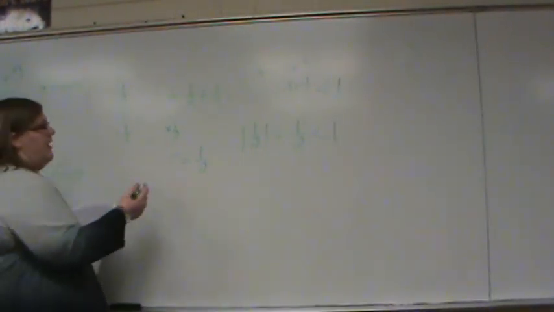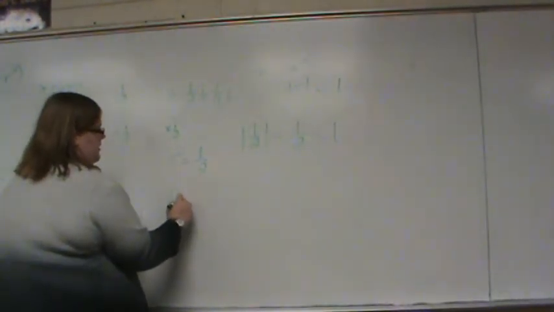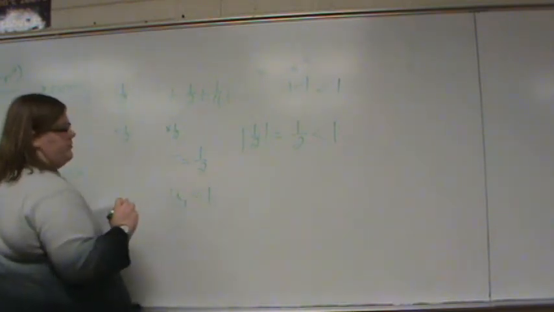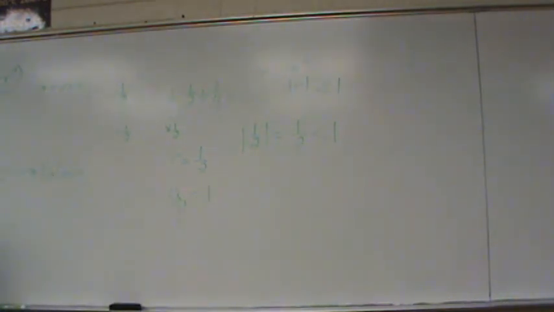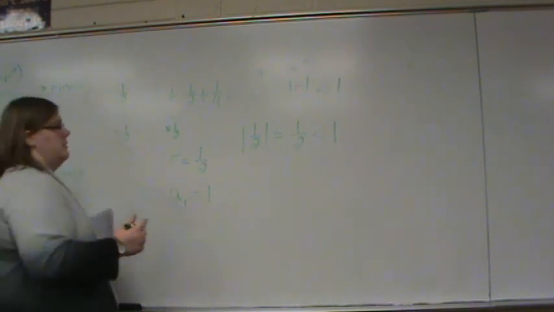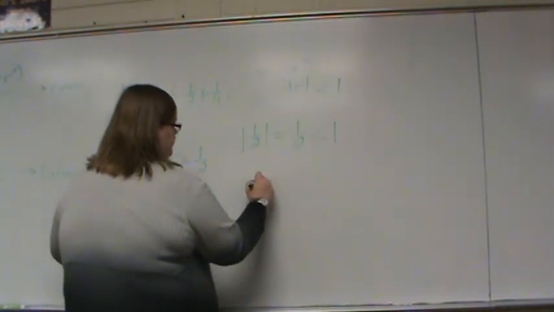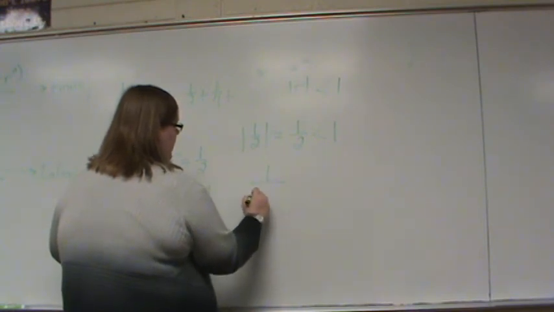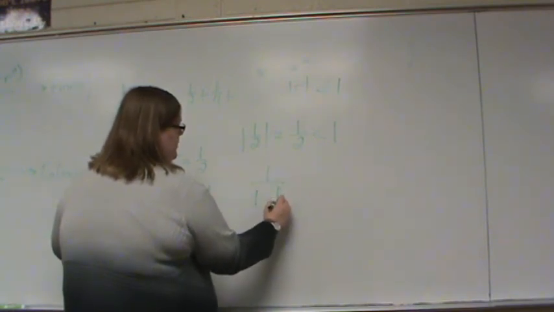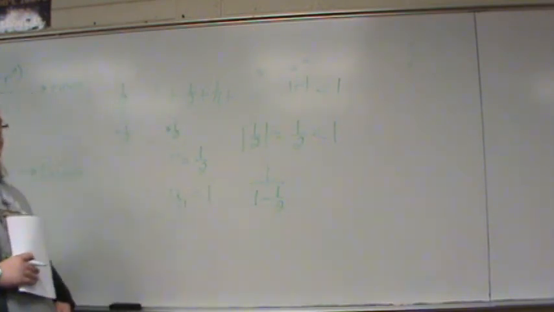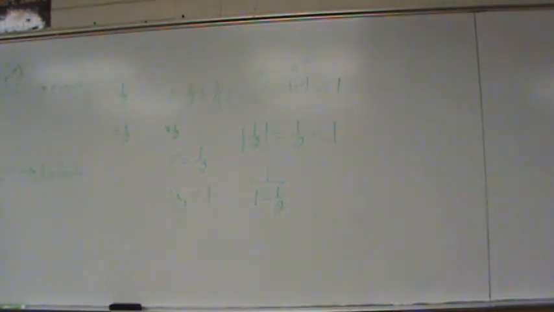What's our A1 value for this sequence? It's 1. So we're going to plug those two values into this formula: 1 divided by 1 minus 1/2. That's how we're going to find our sum.